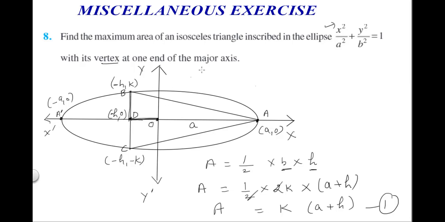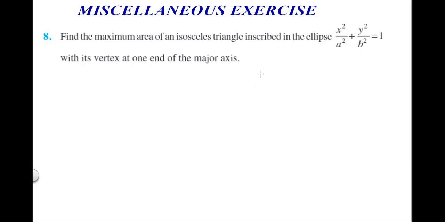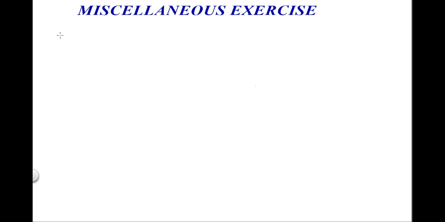Just to see, h and k, these points are lying on this curve. They will satisfy the equation of the curve. So we can write h square upon a square plus k square upon b square is equal to 1. Let us find the value of k from here. Why am I finding the value of k?